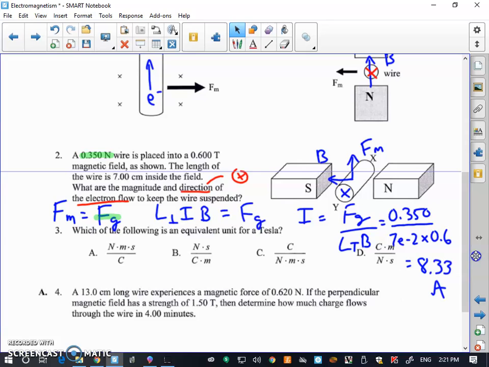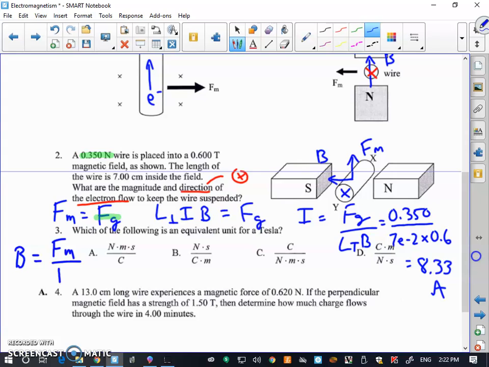All right, which of the following is equivalent to unit for the Tesla? Very common question. So when you want to solve for B in the formula, then you have the following. You have Fm over I, L perpendicular. And so what do you have here for force? Well, you have newtons. I, you have amperes. L, you have meters. And so it looks kind of like this, okay?